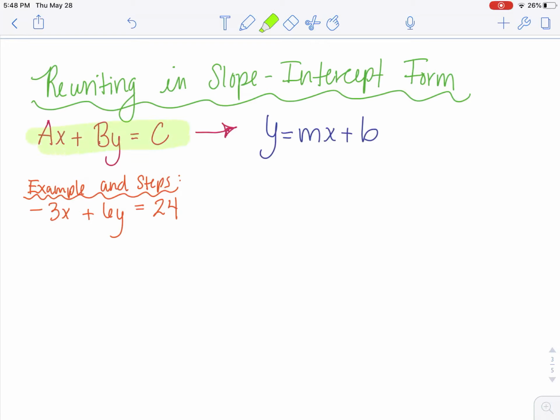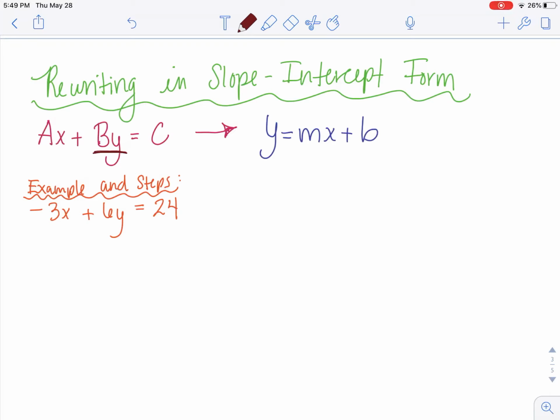We go from ax plus by equals c to y equals mx plus b. We want to get this y all by itself and move everything else to the other side of the equal sign. This is like what we did in the very first unit for like a really long time. That's all we want to do, is just get y by itself. So we know y is connected to b.